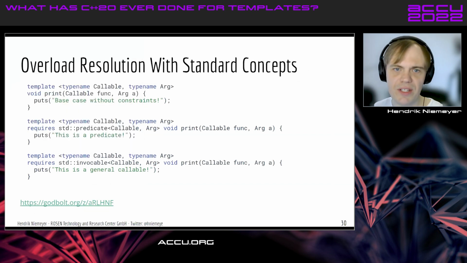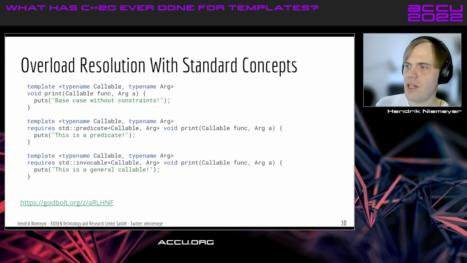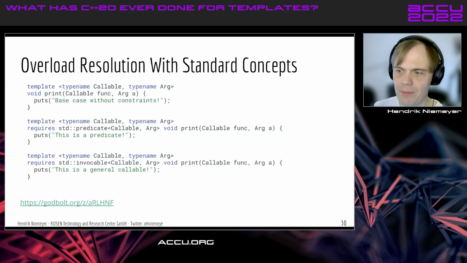So, and because it's so important, I want to look a little bit more at overload resolution with concepts. We've looked at it with our own concepts where we have our own requires expression and requires sequence. But now let's have a look at the same problem if we would be using concepts from the standard library. So we have three functions here.